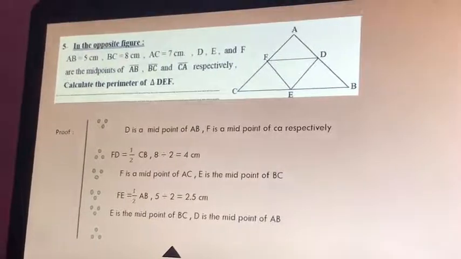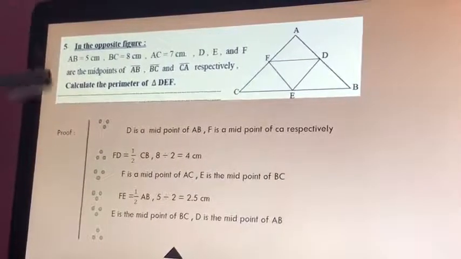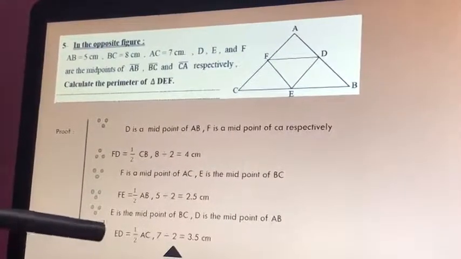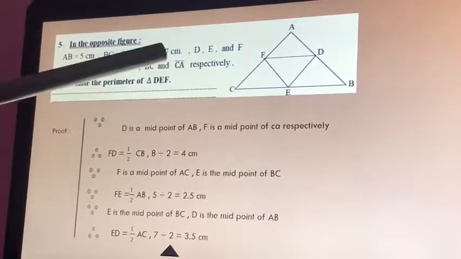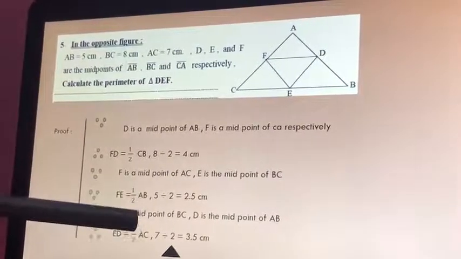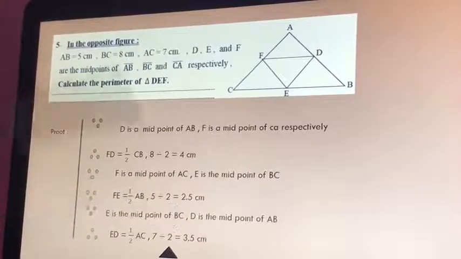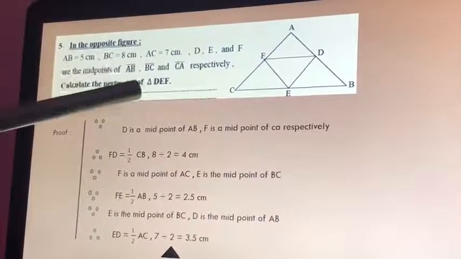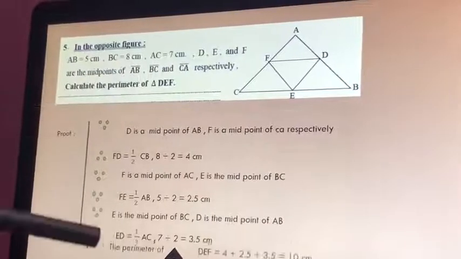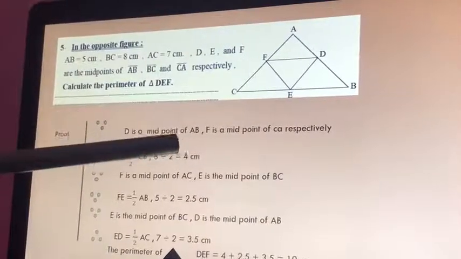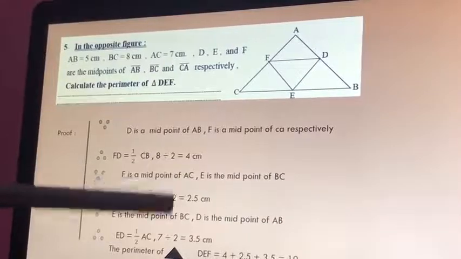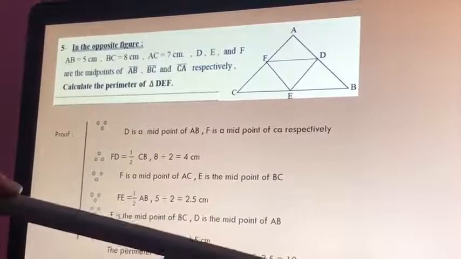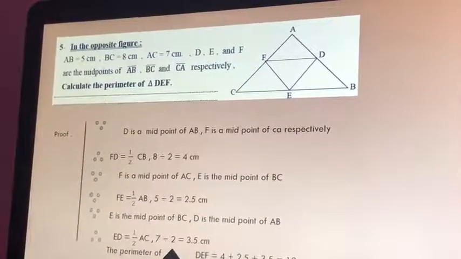AC. Again, boys and girls. So as you can see here, ED equal half AC. AC equals 7 centimeter. So 7 divided by 2 equals 3.5. Simply, I can get the perimeter of DEF by adding 4 centimeter plus 2.5 plus 3.5. The result is going to be 10 centimeter.